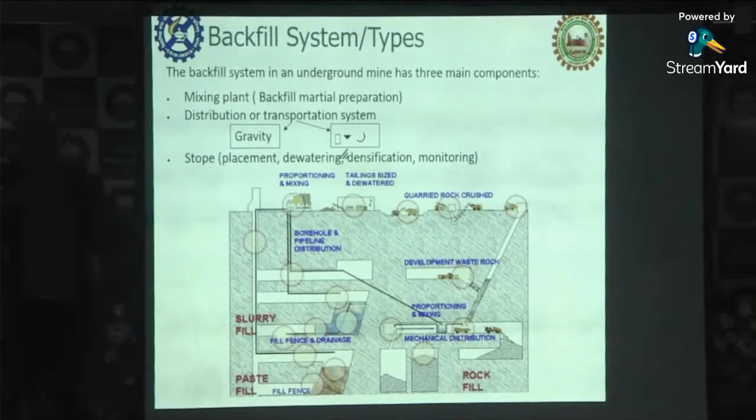In the secondary stope, they usually just fill with rock fill without adding cement. It reduces the overall cost, because the secondary stope doesn't require a free face, since the adjacent side is already filled with cemented fill.